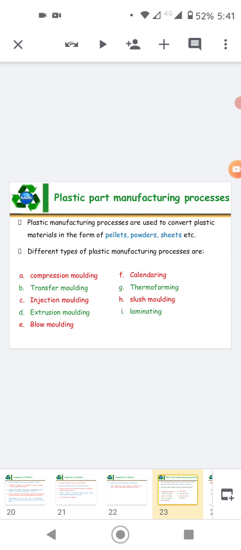Next is the plastic part manufacturing process. Plastic manufacturing processes are used to convert plastic material in the form of pellets, powders, seeds, etc. Different types of plastic manufacturing processes are compression molding, transfer molding, injection molding, blow molding.